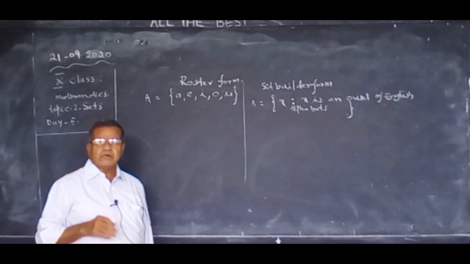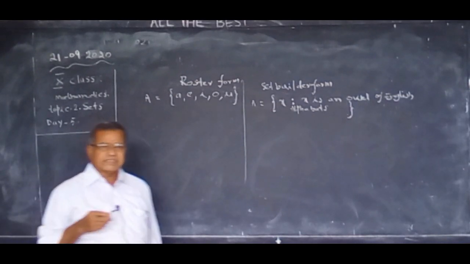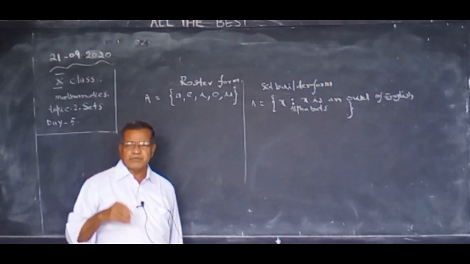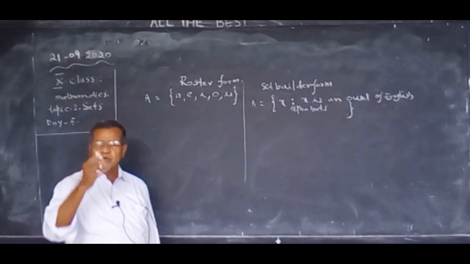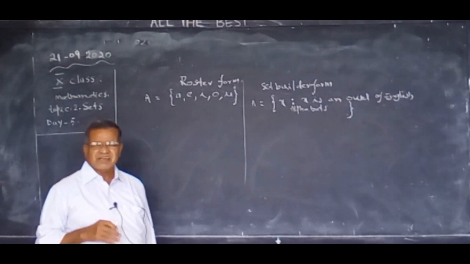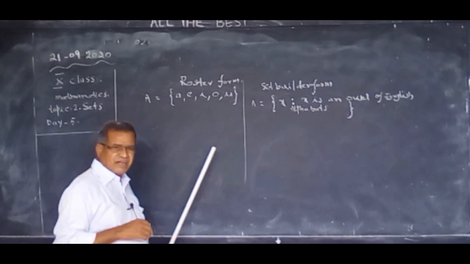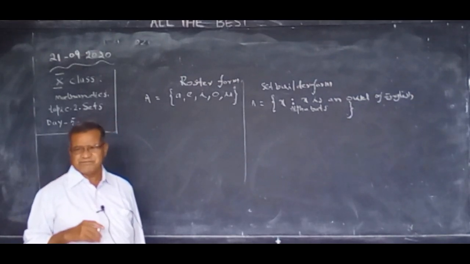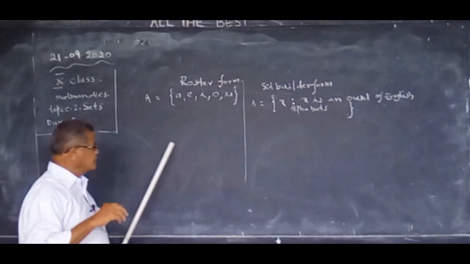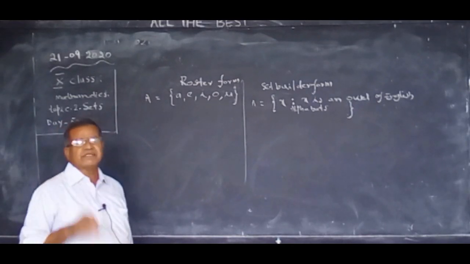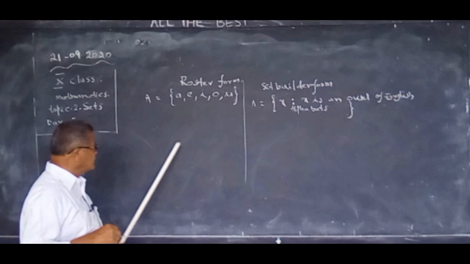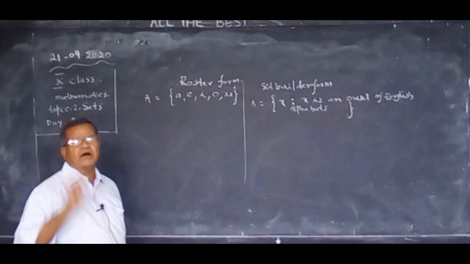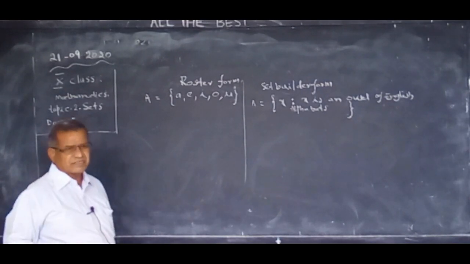Suppose positive integers less than 1, we won't get any. An odd number in even numbers, we can't find. In even numbers all are divisible by 2 and leave remainder 0. In odd numbers there are no even numbers, and in even numbers there are no odd numbers. So we can write these as examples.